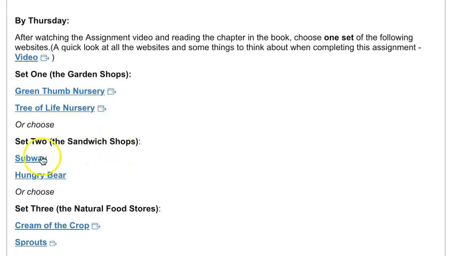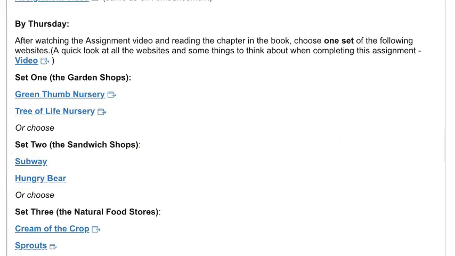Another set is sandwich shops. So there's Subway, which we all know is an international business. Hungry Bear has one location in Vista. Their websites are both really nice, but they're completely different. Subway, of course, has to deal with a lot more content because they have a lot more eyes on them, and think about why that is.